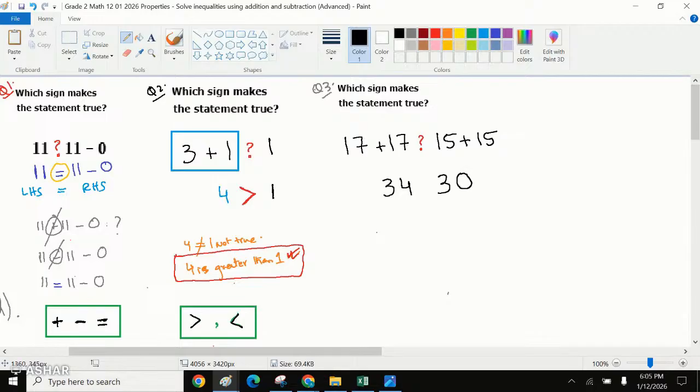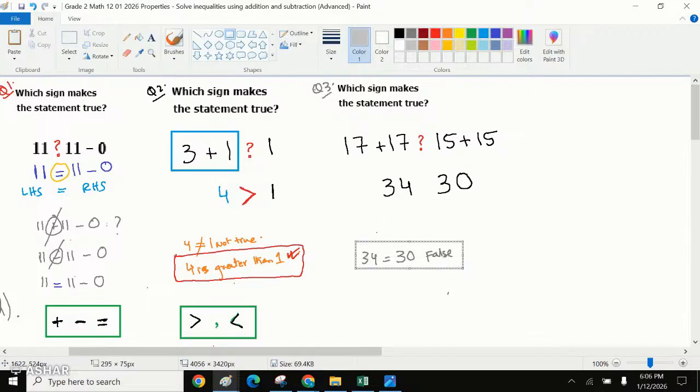Can we say that 34 is equals to 30? If I write this statement, 34 is equals to 30, is it true or is it false? This is a false statement, right? Because they are not equal. Agreed?